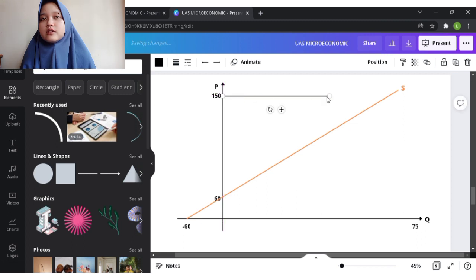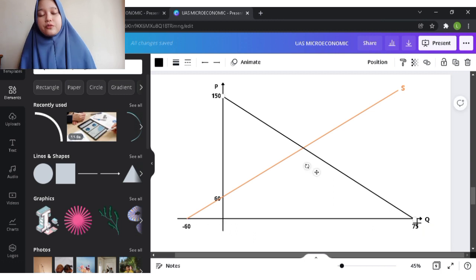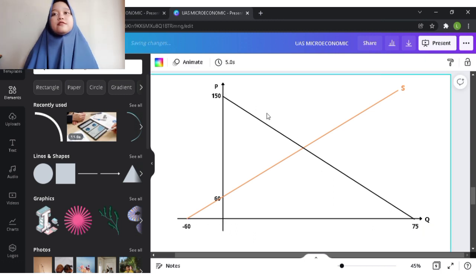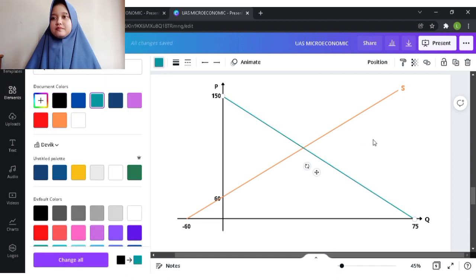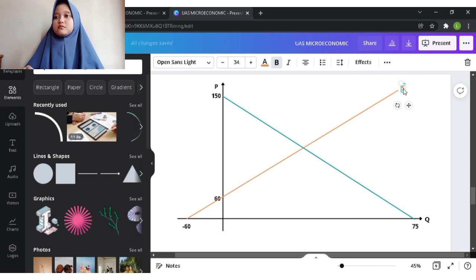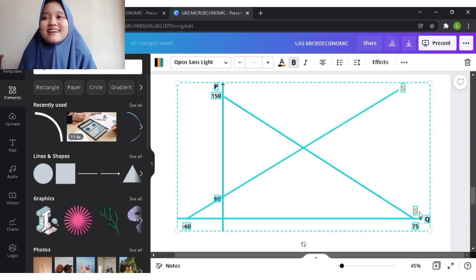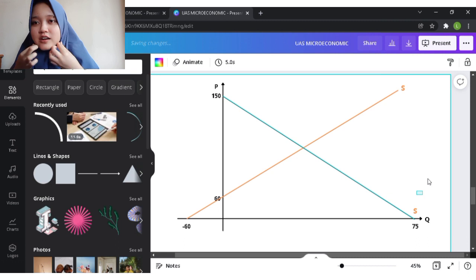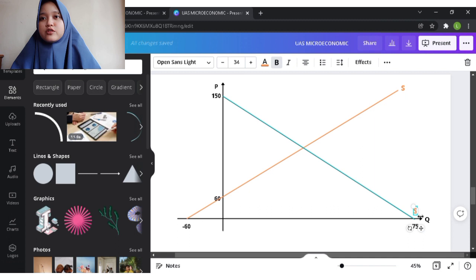We can change the color to blue, and of course we give a note that this line is the demand curve. We can change the color to be the same as the line.